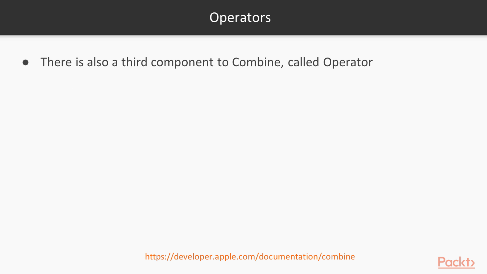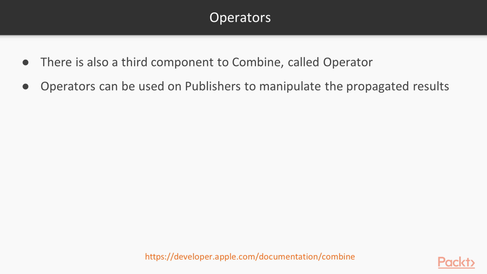Operators. Well, there is also a third component to Combine, and that's called an operator. An operator is typically used on a publisher. It's a function that you call on a publisher that manipulates the propagated results, and it also returns a publisher again. That makes it possible to write function after function after function in a reactive programming style.